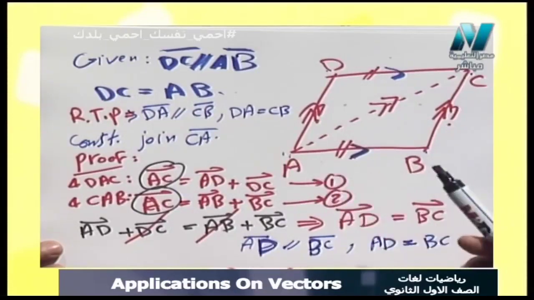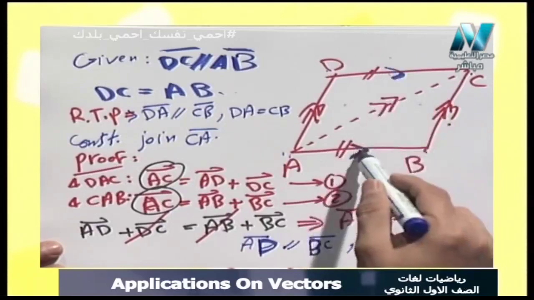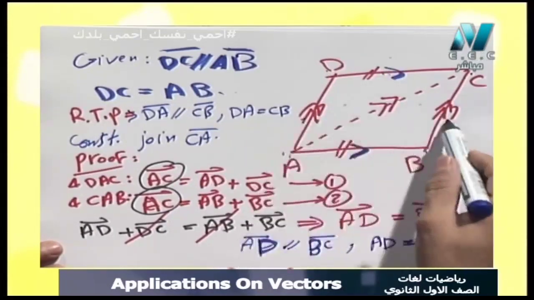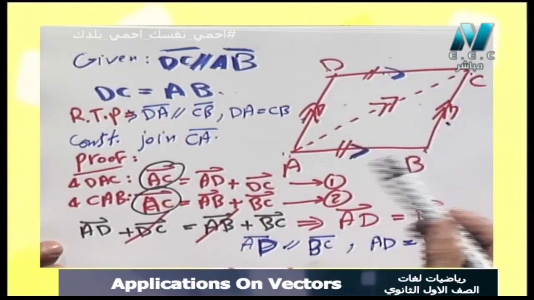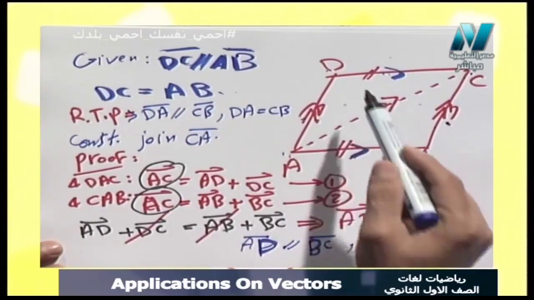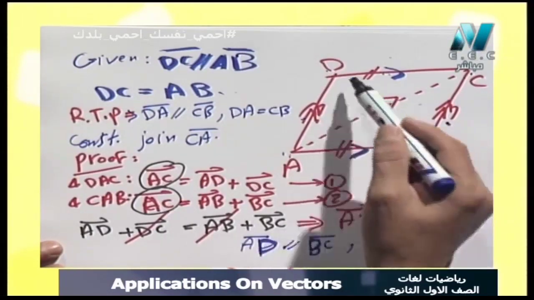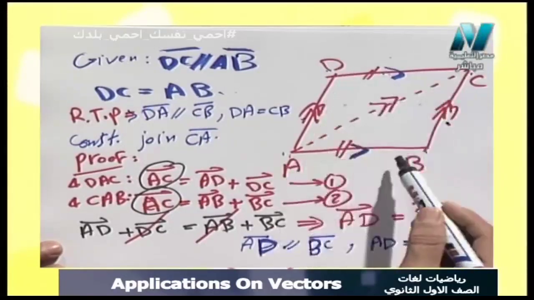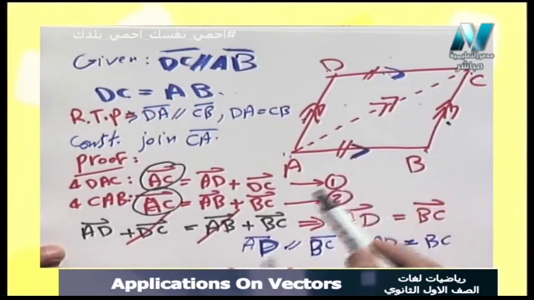It is a parallelogram because each two opposite sides are parallel and also equal. And here, by using vectors, we deduce that yes, if we can prove that two opposite sides are parallel and equal, then it is a parallelogram. Okay, let's move to another question.